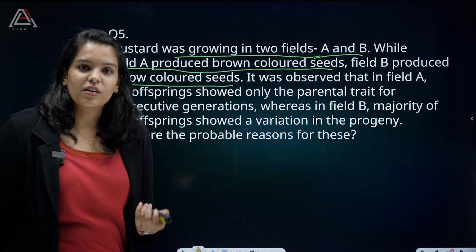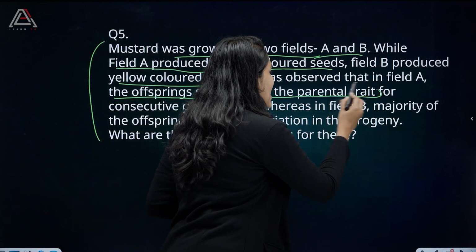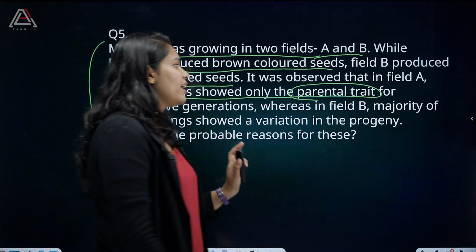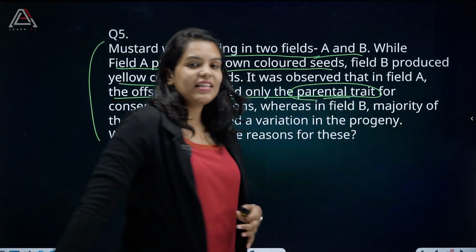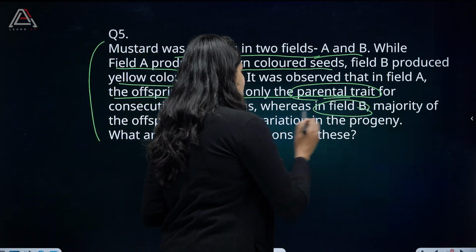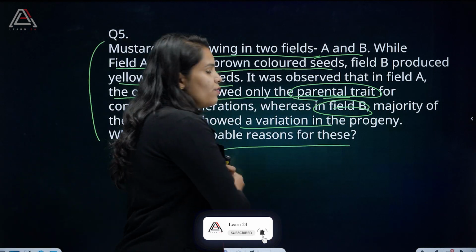It was observed that in field A, the offspring showed only the parental character, whereas in field B, the majority of the offspring showed variation. They are asking what is the reason for this.